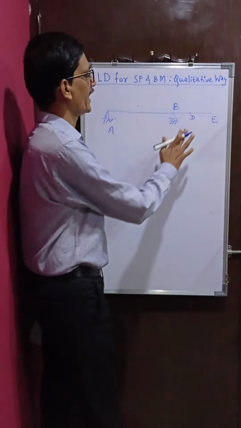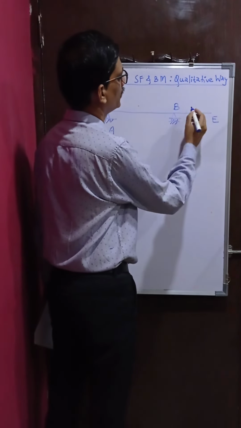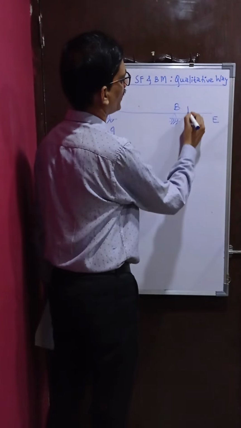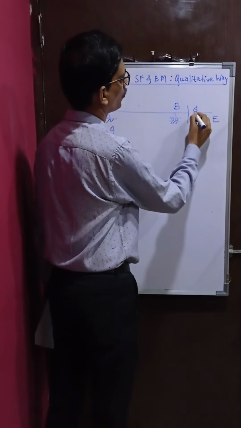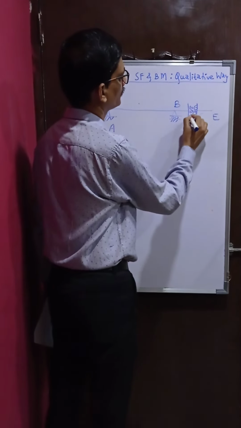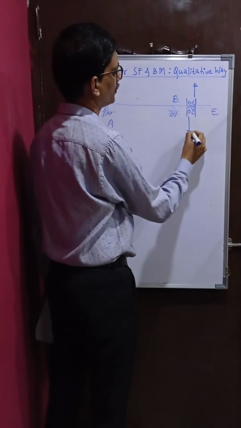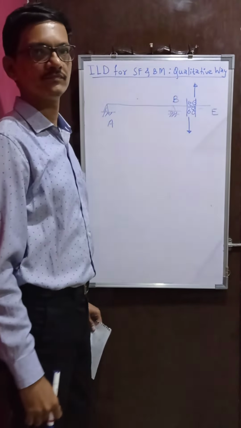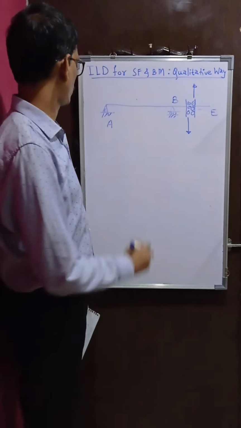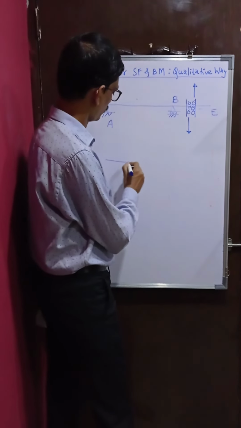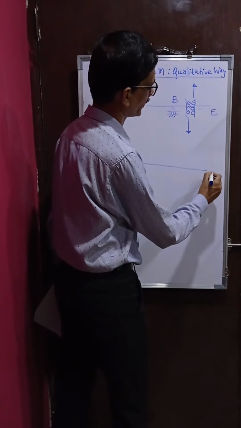Now again, as per the theory, I will cut here, attach two vertical rollers, give upward displacement to the right side, downward displacement to the left side, and then try to draw the configuration which it is likely to take.